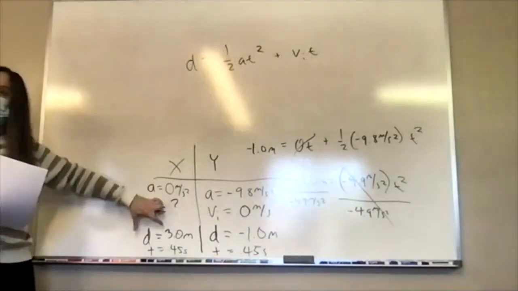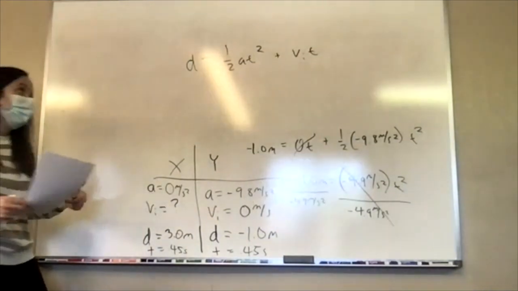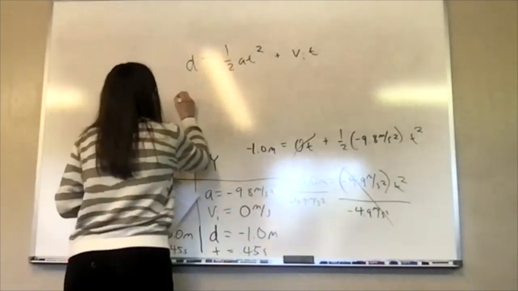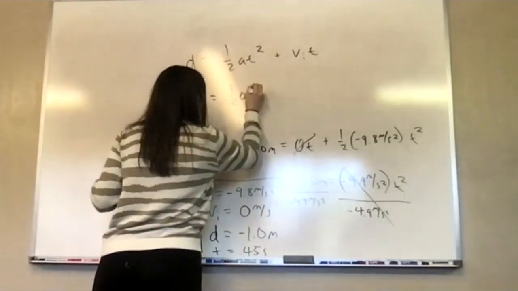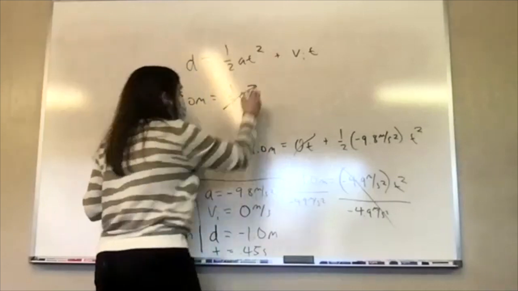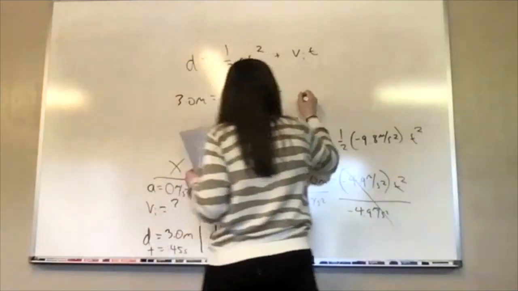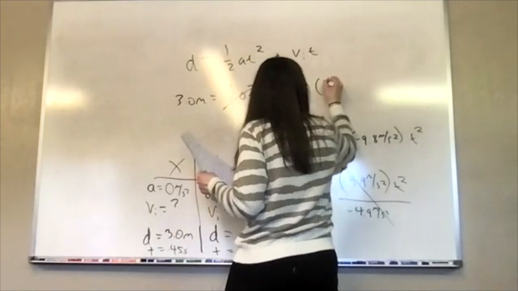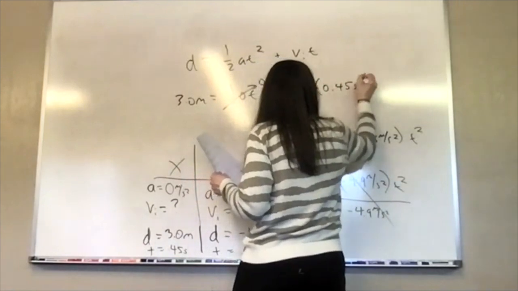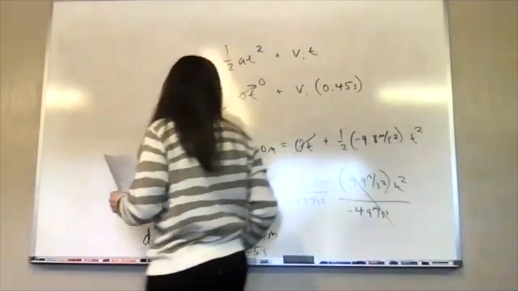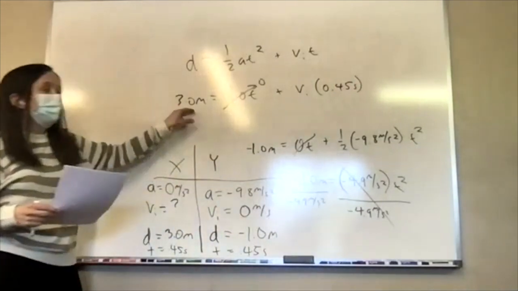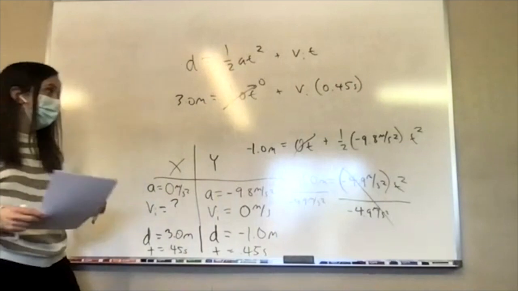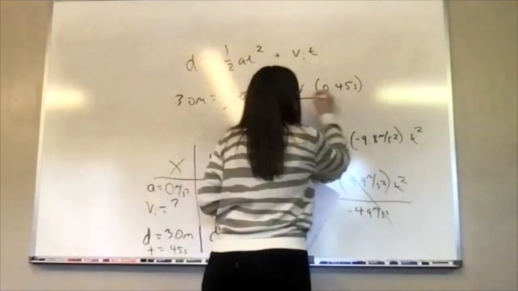So we plug in everything in the x dimension and solve for vi. Okay, 3 meters. No acceleration, that just goes away. So now the equation just becomes 3 equals vi times 0.45. Divide both sides by 0.45.